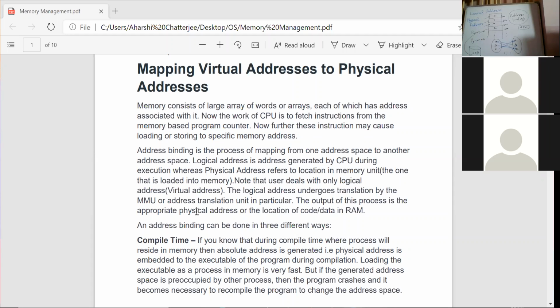For your reference, when I teach you computer networking in a subsequent semester, probably I will take that class again. So in computer networking also, we find these two terms: logical address, physical address.